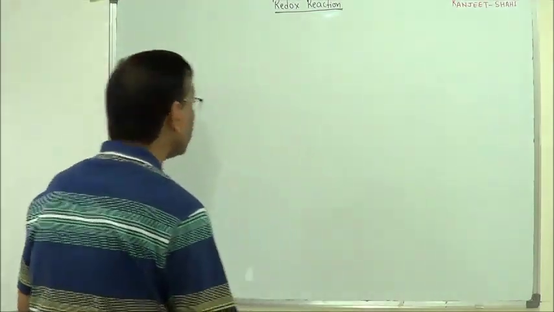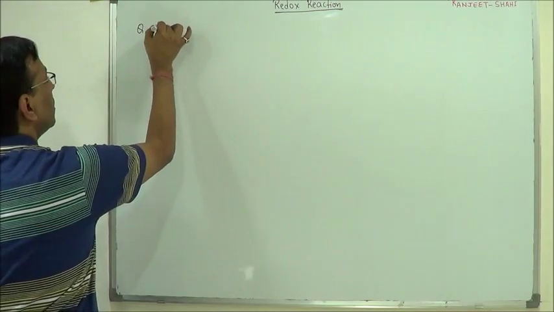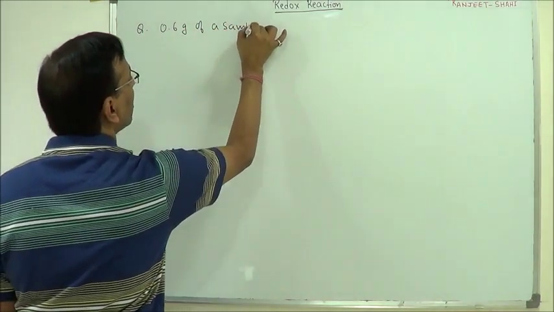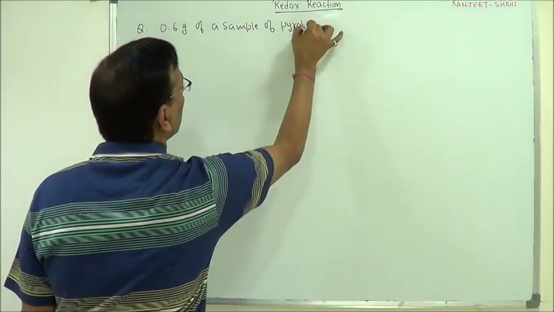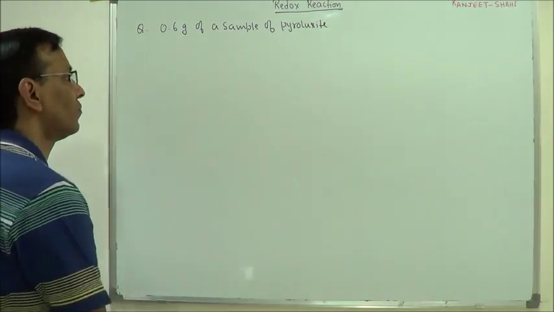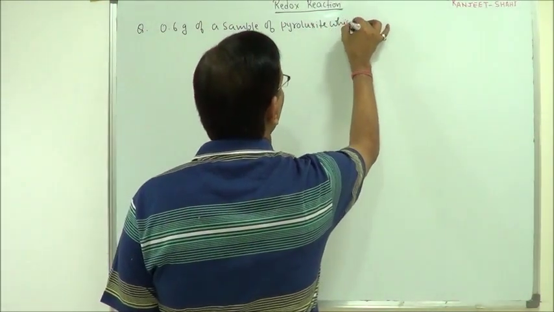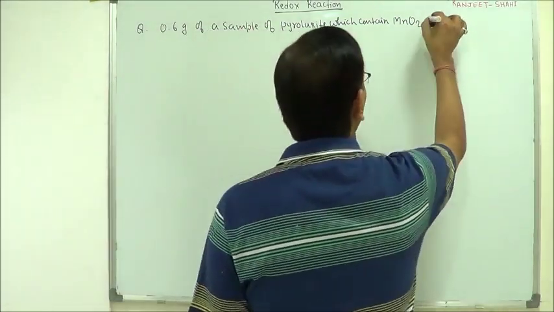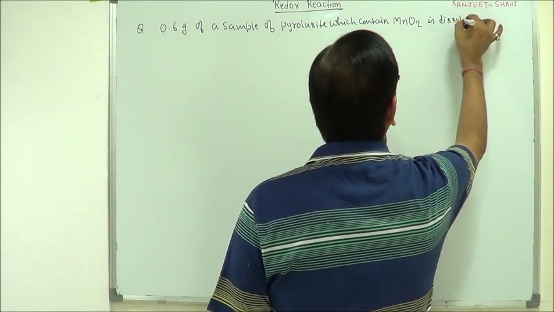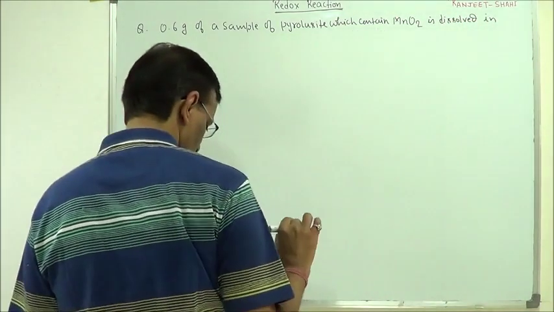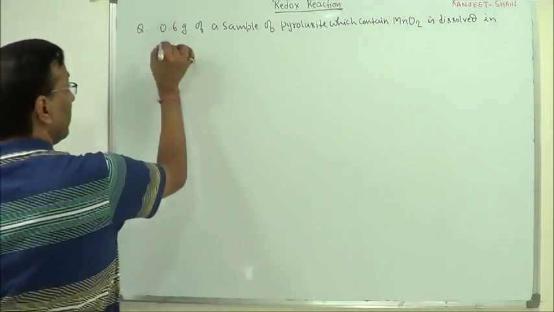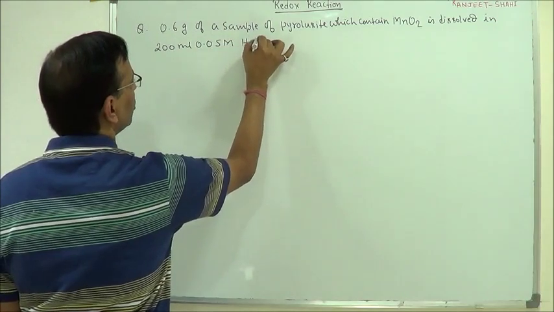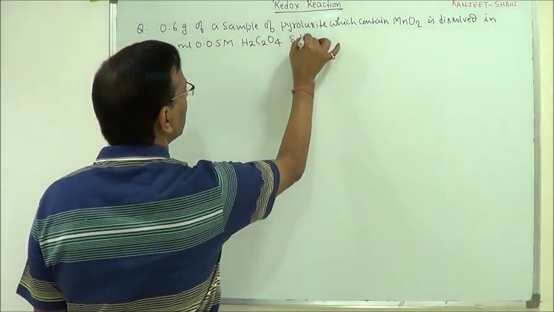Suppose a situation is given like this. 0.6 gram of a sample of pyrolusite, which contains manganese dioxide, is dissolved in 200 ml of 0.05 molar H2C2O4 oxalic acid solution.